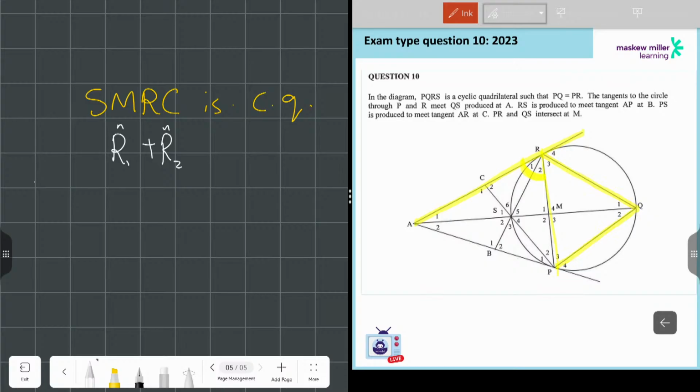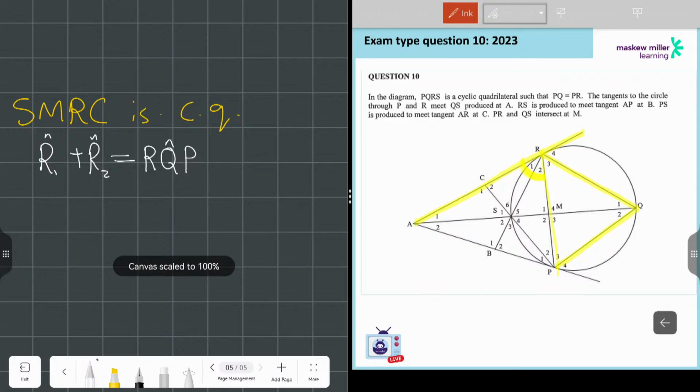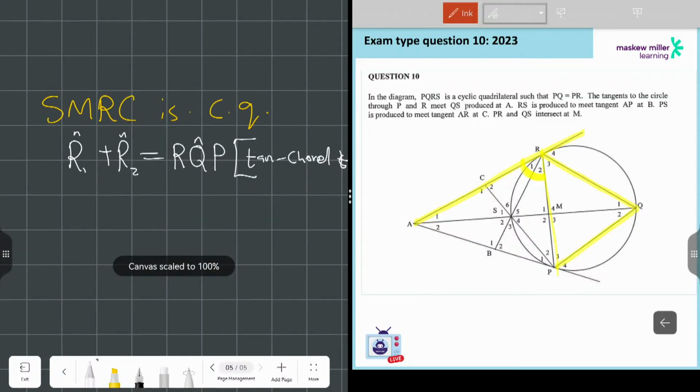So this will therefore equal the whole of angle RQP, which is Q1 and Q2. What is the reason for that? It is the tangent and chord theorem. Tan chord theorem, that is what makes the two equal. All right, do you follow that? Hopefully you do, because that is what we are trying to get.